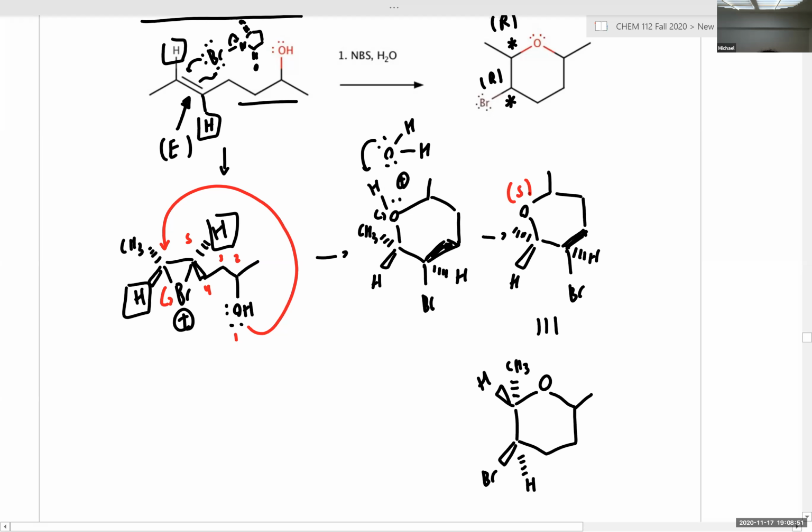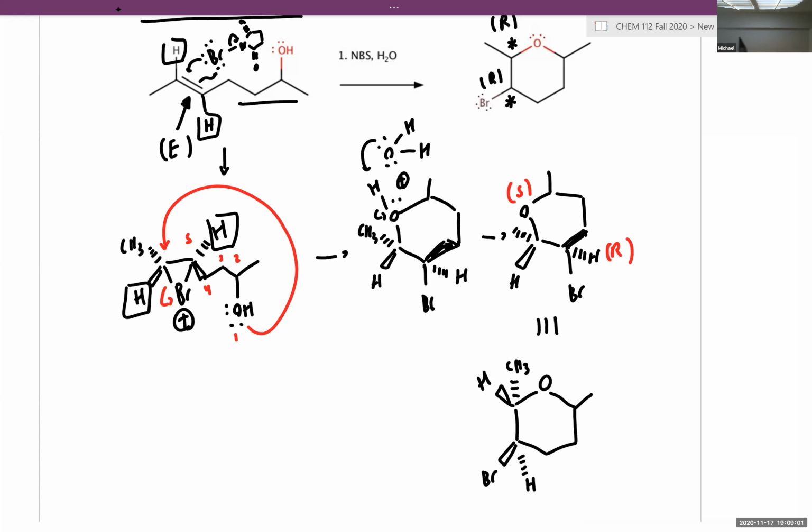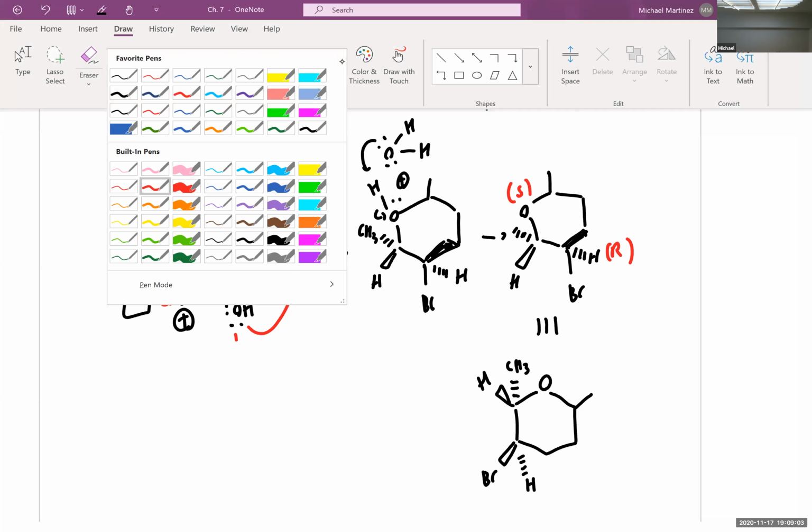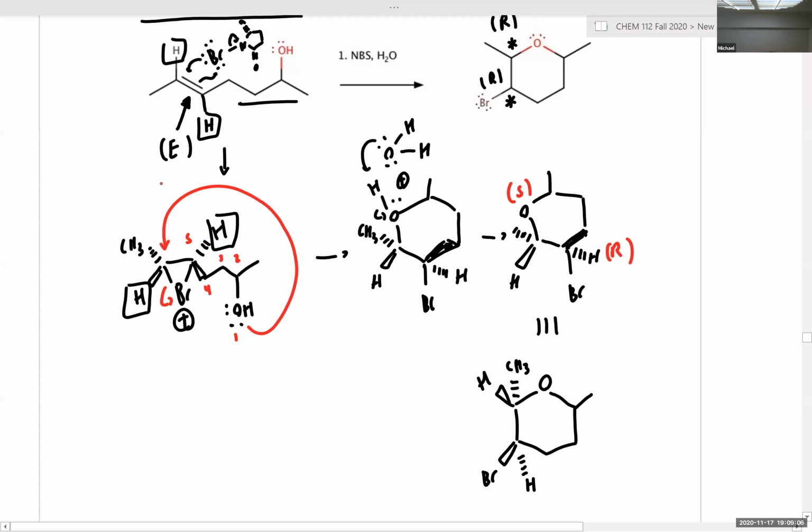So this center is S. This center is R. We can check our work because this center is still assigned as R, and this center is still assigned as S. Of course, you also get the enantiomer.